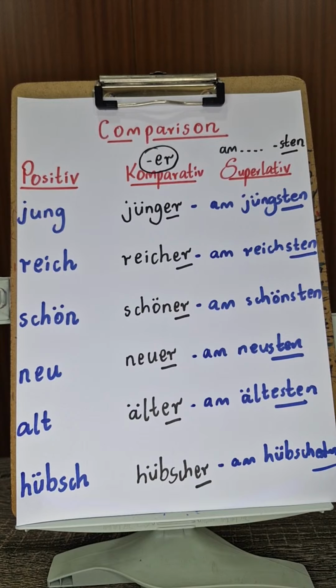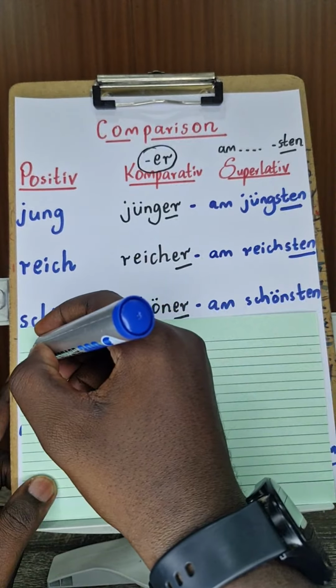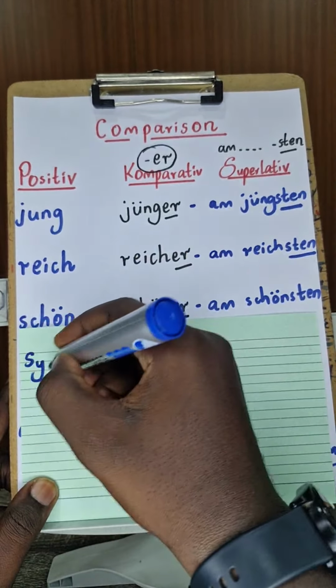So if that has been well understood and there is no other example, I'm trying to think of some long ones. How about sympathisch? There's this one that somebody has given me, sympathisch. This is a bit long.